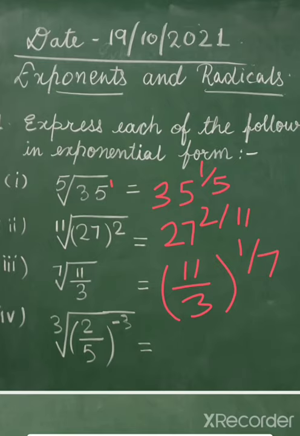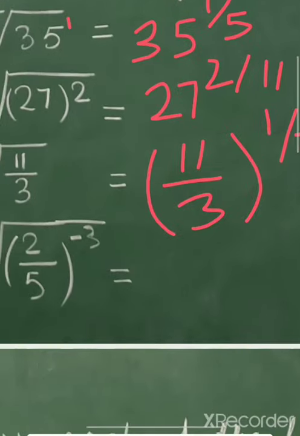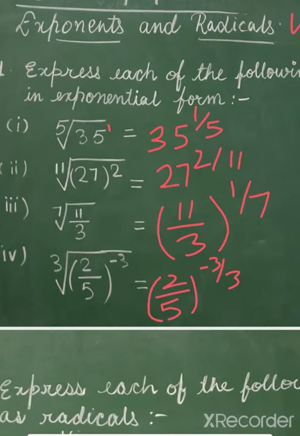And the fourth one is 2 by 5 to the power minus 3 by 3. So we write 2 by 5 to the power minus 3 by 3. As we have to express it in exponential form, we can further solve or we can leave it as it is.